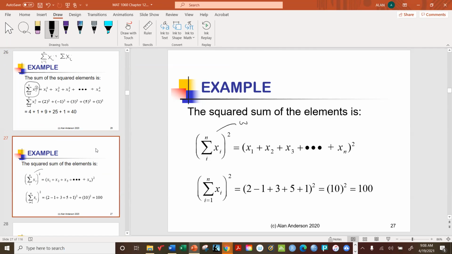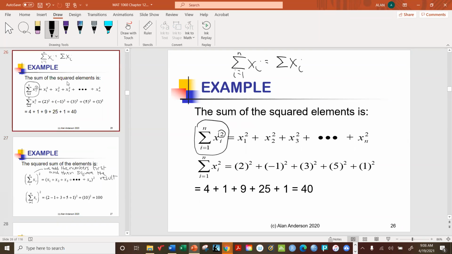So we add the numbers first, and then square the result. Whereas back here, each element is squared. I'll just add this in here as an explanatory note. Before they're added.